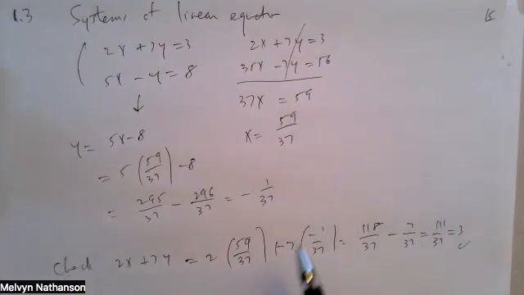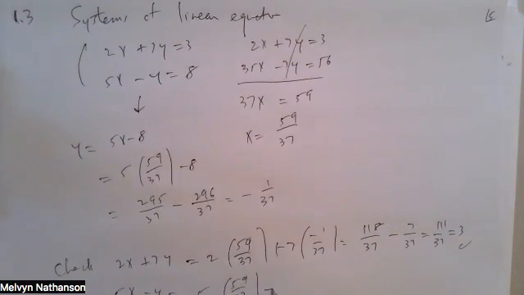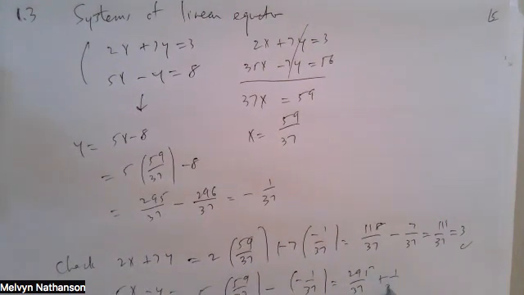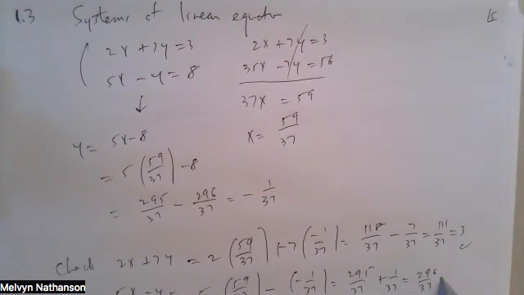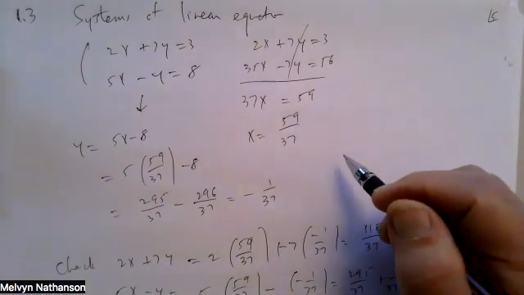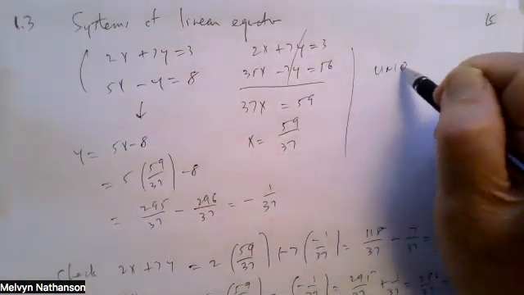So this does solve the first equation, and 5x minus y is 5 times 59 over 37 minus minus 1 over 37, which is 295 over 37 plus 1 over 37, which is 296 over 37, which we already saw was 8. So we actually did find a solution. So in fact, there's a unique solution.